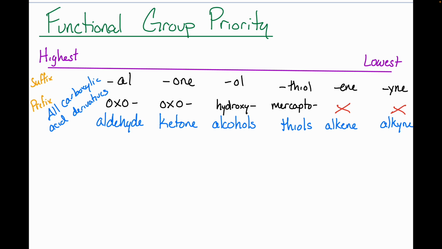We're just going to note that if it's present with any of our other aldehyde, ketone, alcohol, thiol, alkene, or alkyne, that carboxylic acid derivative is going to win. That's going to be our highest priority functional group. Cool. All right, so let's just do a bunch of examples here.